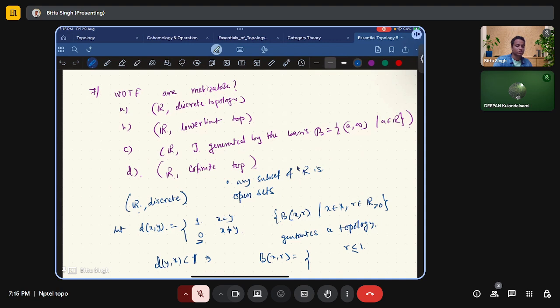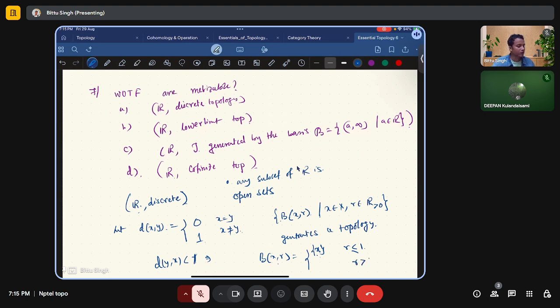Distance is either 1 or 0. Sorry, I said something wrong. Distance from itself should be 0, so x equal to y gives 0, and for x not equal to y it is 1. So this possibility occurs if and only if x equals y. So the only thing which belongs to this ball is the singleton set.